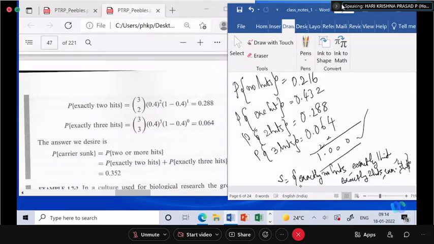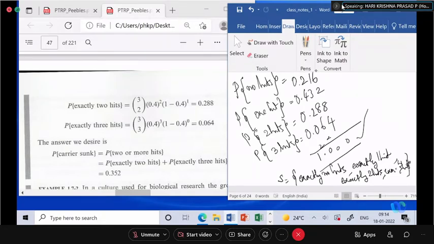So the sample space has got only these 4 possible outcomes. When I consider the sum of all these corresponding events' probabilities, the sum is 1. That means I have considered all the possible outcomes.